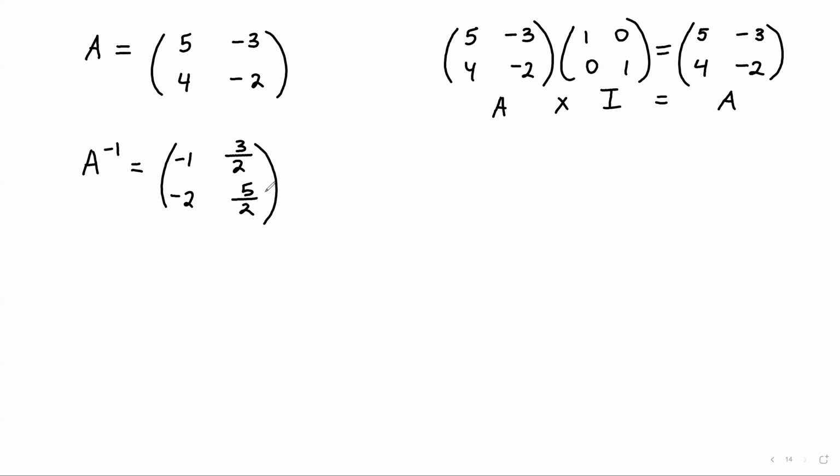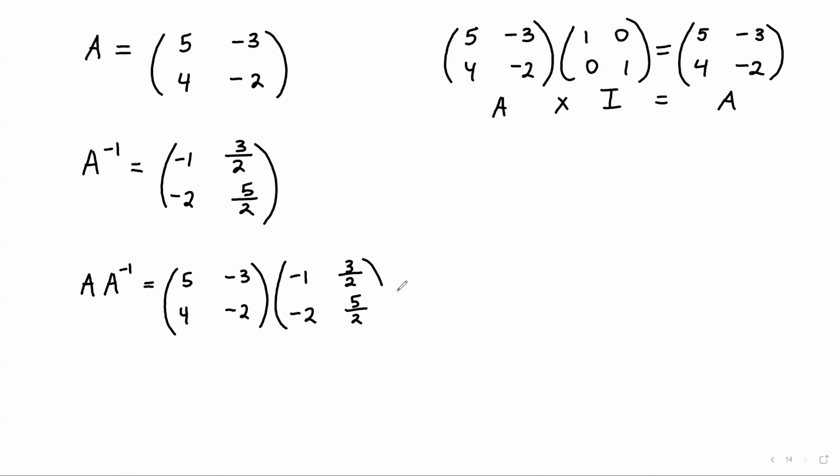Now, one thing to remember, A times A inverse. Well, that would be 5, -3, 4, -2 times -1, 3 over 2, -2, 5 over 2.